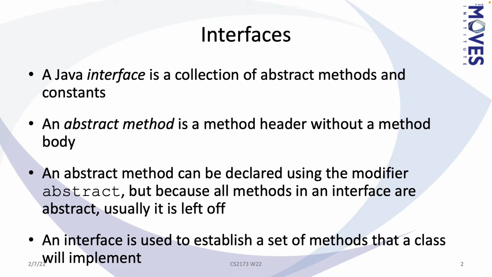Okay, so Java had a really nice implementation of the interface concept. The idea of the interface, it's a heavily overloaded word. You think of graphical user interface, that's the interface between the user and the computer.